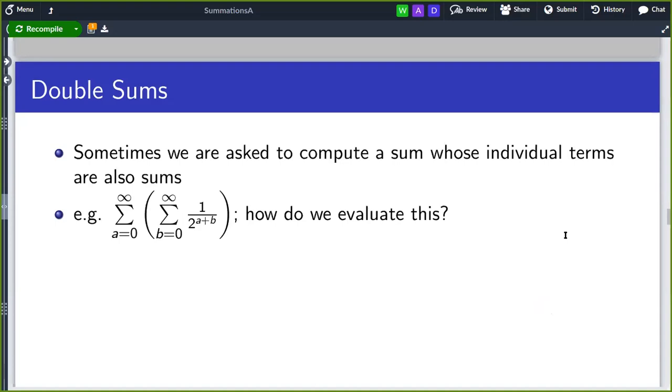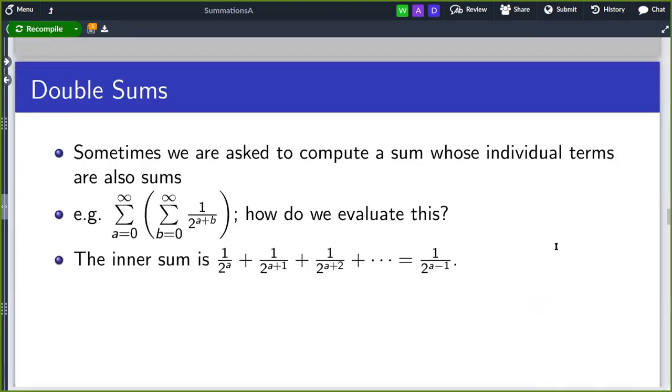So let's evaluate the sum on the inside, where we sum from b equals 0 to infinity. Then it's a geometric sequence. The inner sum is 1 over 2 to the a plus 1 over 2 to the a plus 1, and so on. And we get that this geometric sequence sums to 1 over 2 to the a minus 1.